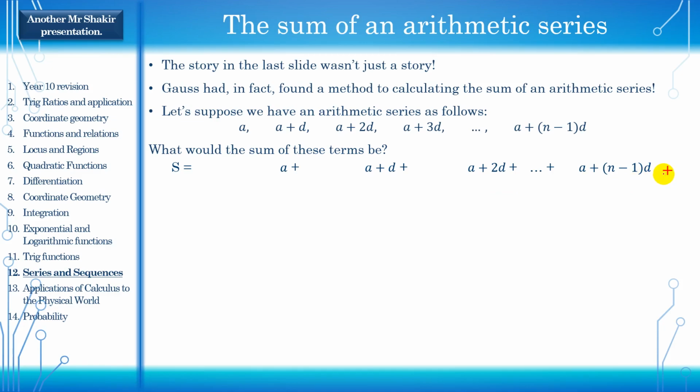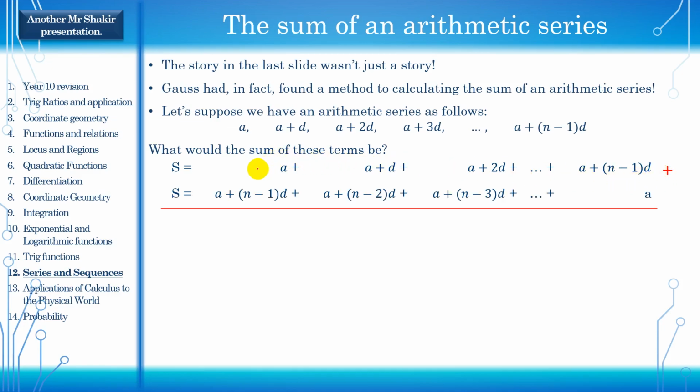And we add that to, we write this in reverse order, right? So S will be here. Now the reverse order, the last term will be first, then the second last term, the third last term, all the way till a. Now we're going to add these up. S plus S is 2S. a plus a is 2a plus (n minus 1)d.